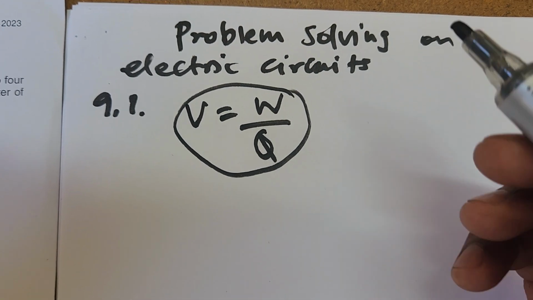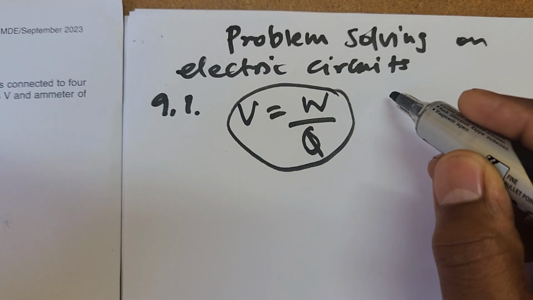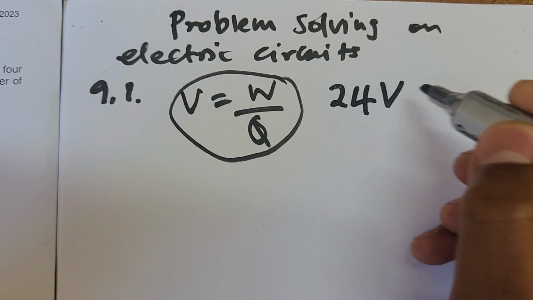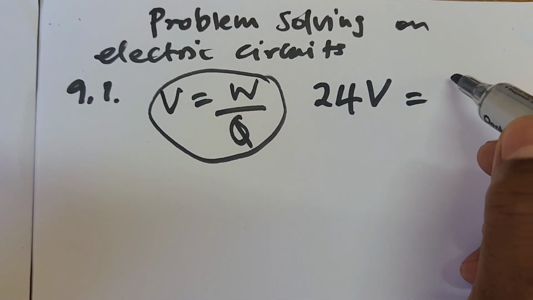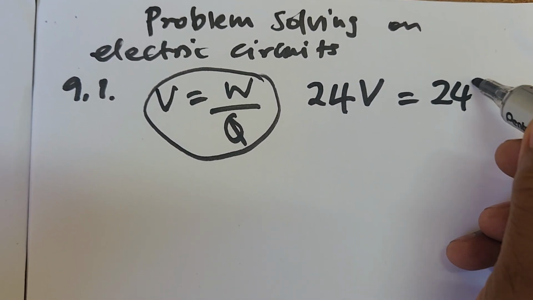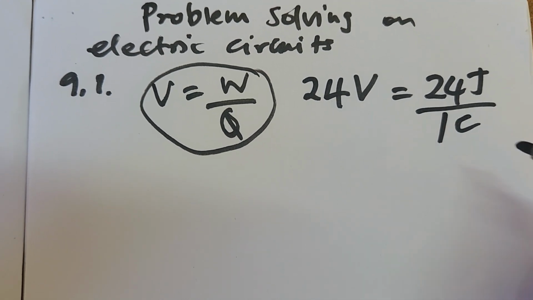Now this 24 volts means that we have 24 joules of energy over 1 coulomb.